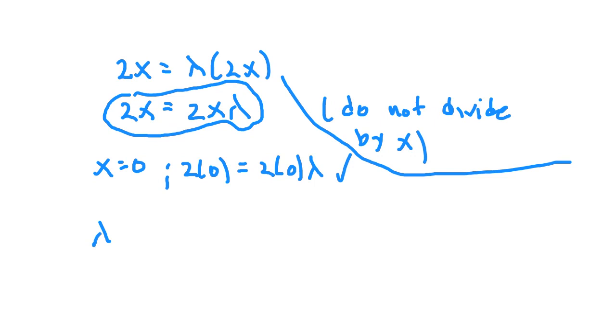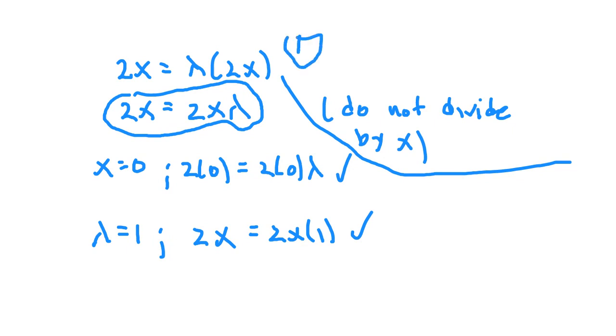Or you can have lambda equals 1, because in that case you'd have 2 times x equals 2 times x times 1. That's a true statement. So by the first equation, we can deduce that either x is 0 or lambda equals 1.